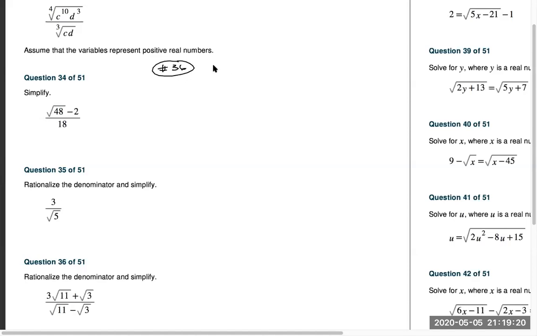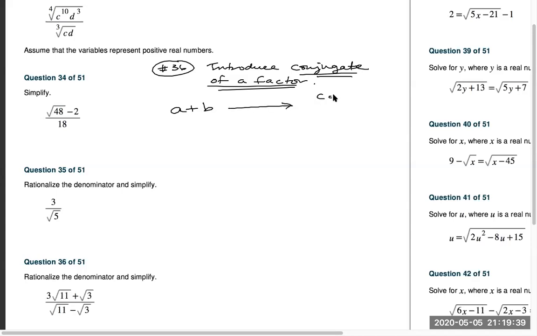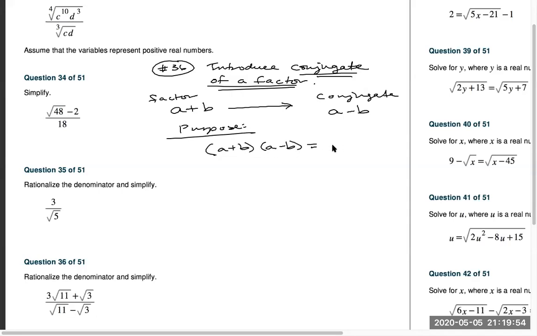For this one, we need to introduce the conjugate of a factor. So if you have the factor a plus b, its conjugate is a minus b. Purpose of using the conjugate, you can multiply the factor times its conjugate and get rid of middle terms.